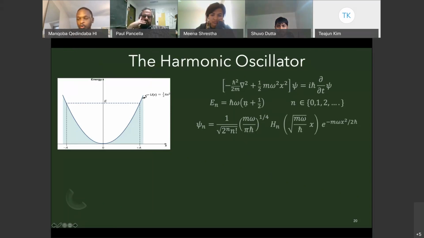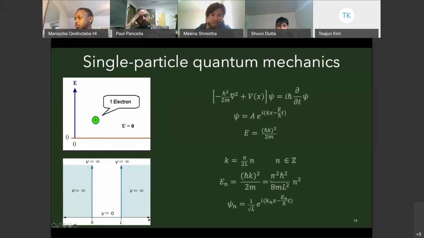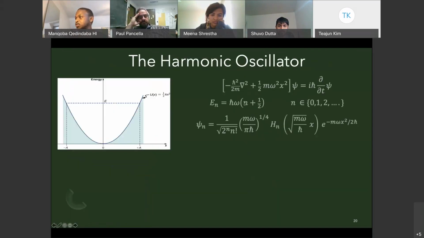And now note, it is no longer quadratic. Remember previously, it was proportional to n squared. Now it's proportional to n. And this has tremendous properties.